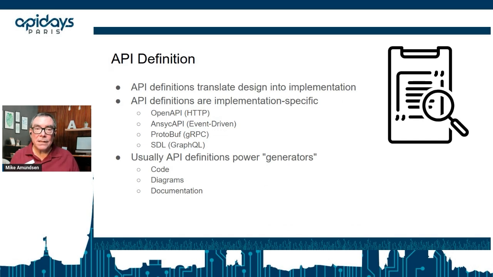API definitions are our chance to translate the design into implementation details. API definitions are technology specific, unlike our descriptions and our diagrams and our vocabulary and our story, which are technology agnostic. So good API definition languages are OpenAPI for HTTP, AsyncAPI for event-driven, Protobuf for gRPC, Schema Definition Language for GraphQL.